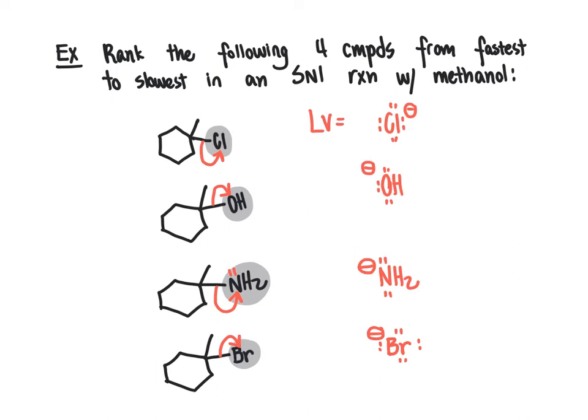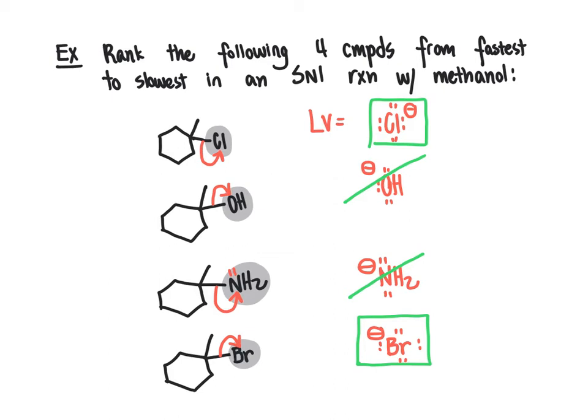As we move from left to right in the periodic table, we're increasing electronegativity. And so based on electronegativity arguments, we're going to eliminate our nitrogen and oxygen because our chlorine atom and our bromide are both further to the right in the periodic table. So we've narrowed it down to those 2 as being the 2 candidates for most stable.